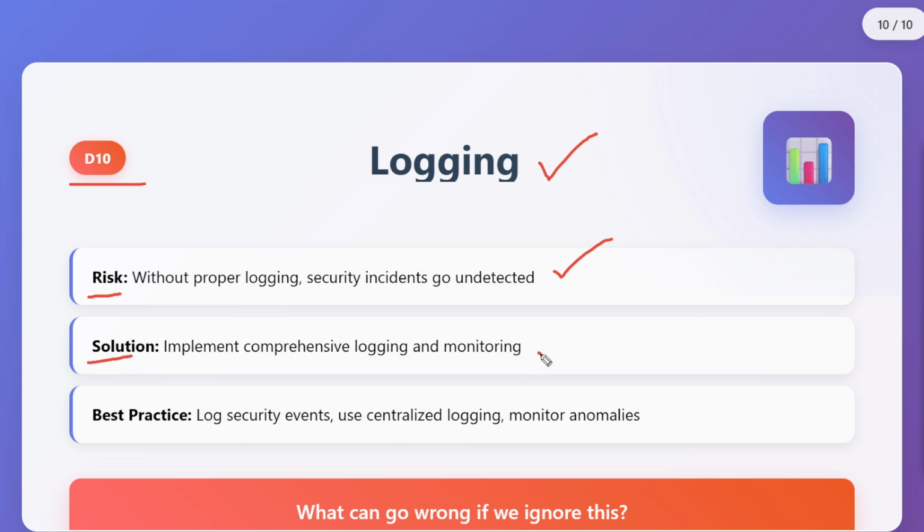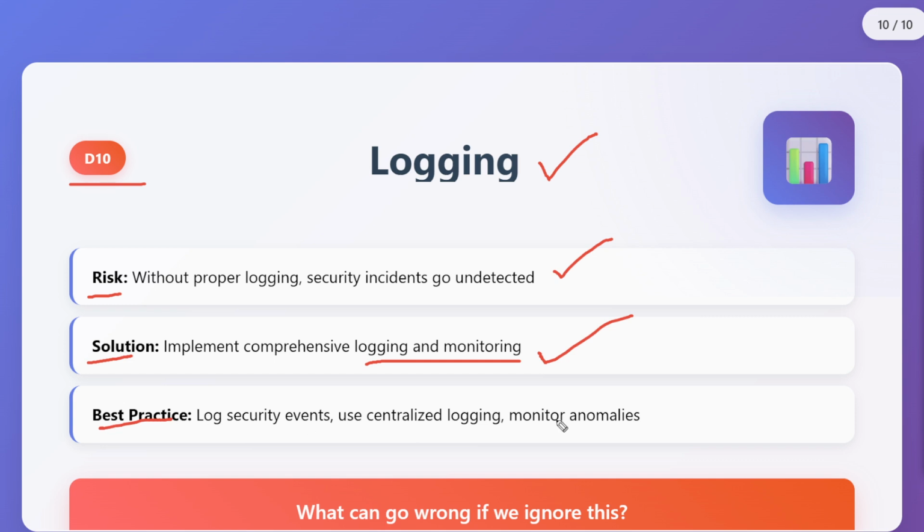The associated solution is implementing a comprehensive logging and monitoring mechanism. This will enable logging at the container, host, and orchestration levels, so that we can monitor logs in real time, which helps detect suspicious behavior and respond quickly to those activities.